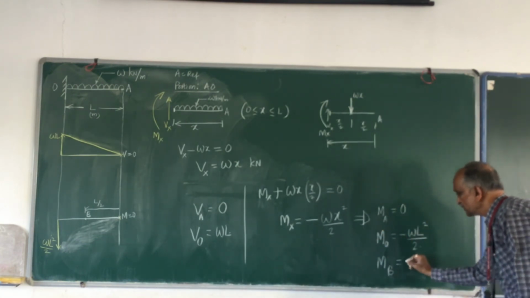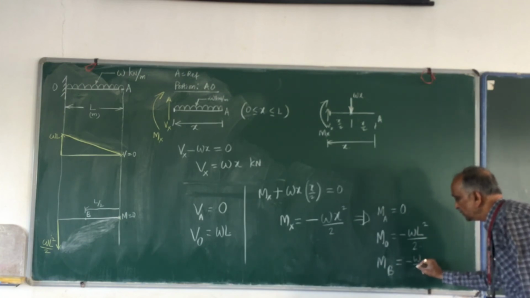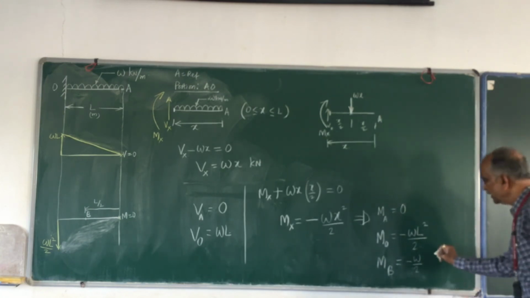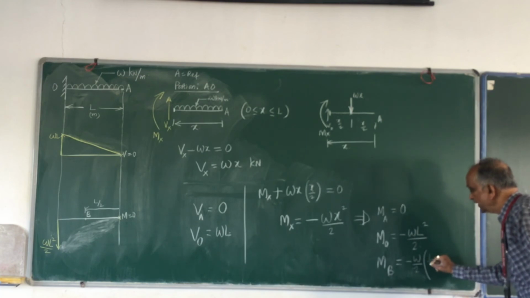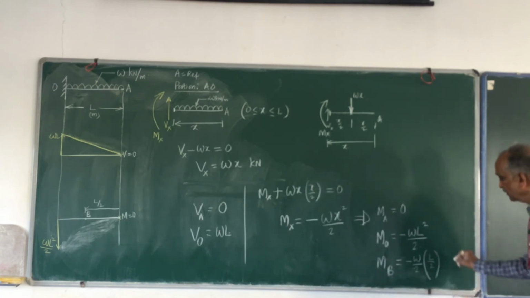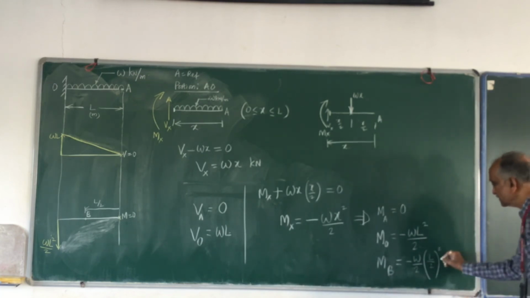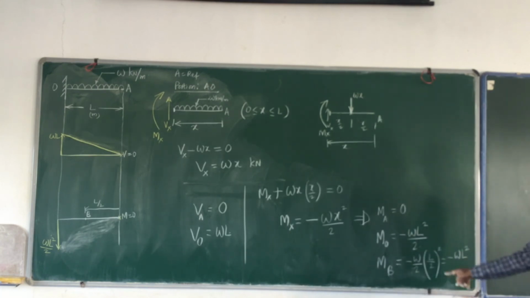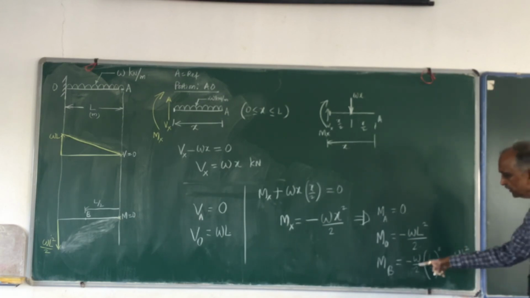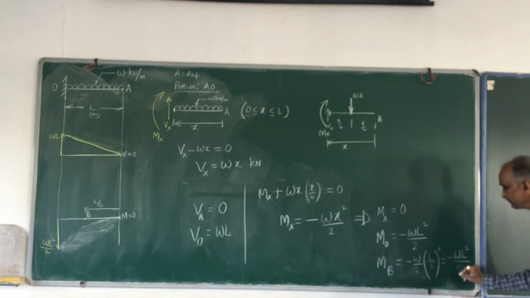So let me substitute here, minus W by 2 as it is. What is X? X is L by 2, whole square. So this is equal to minus W into L square, and 2 raised to 2 is 4, 4 into 2 is 8.